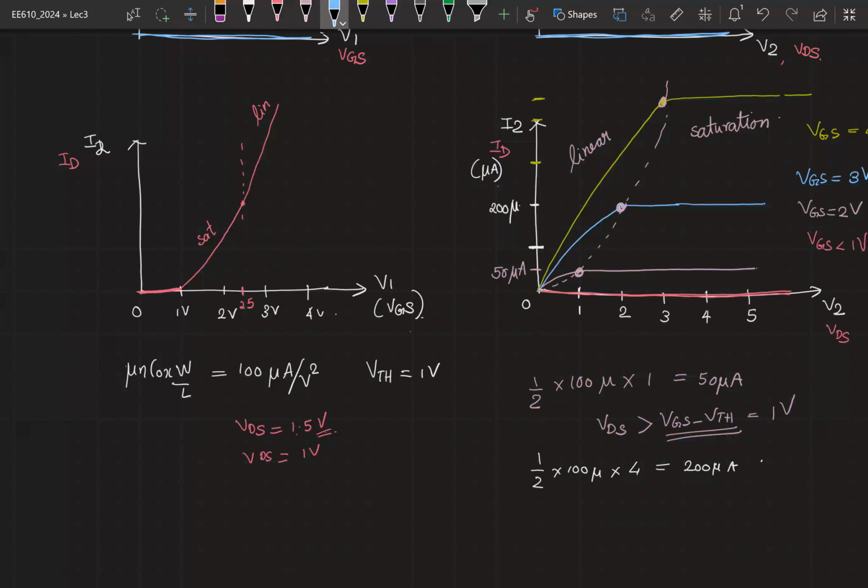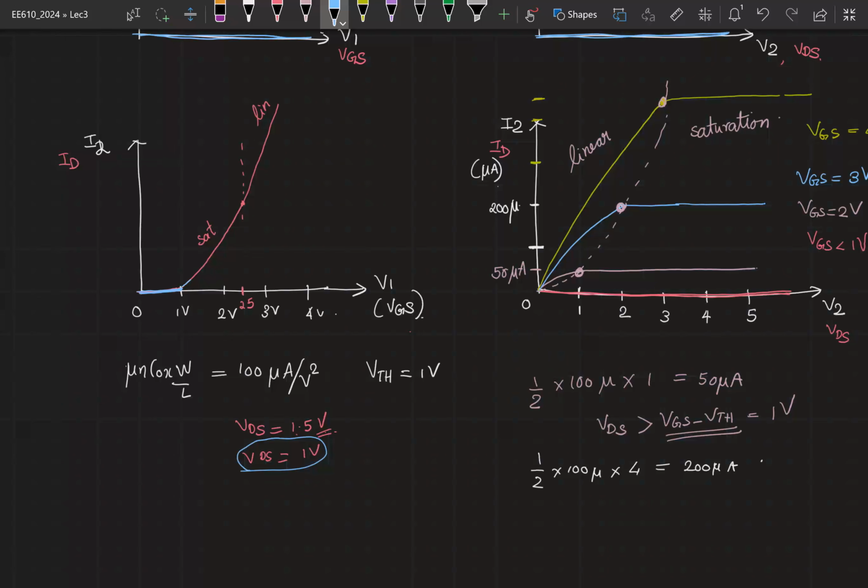Now let's also plot for VDS equal to 1 volt. So during this region, it remains the same. During the saturation region, does it follow the previous curve or does it have a different trajectory? In the saturation region, is your current a function of VDS? No, right? So it will follow the same curve because the current is not a function of VDS.